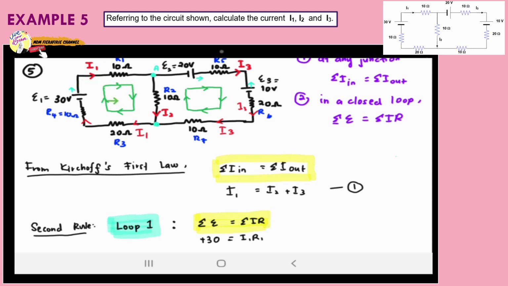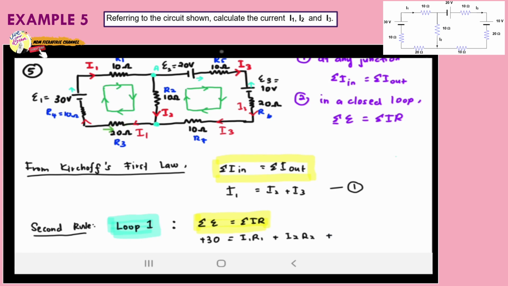Plus, look at here, the direction of I2 is downward, and this is also the direction of my loop. They are in the same direction, so still a positive value. So plus the current in R2: I2 passes through R2, so it's I2 R2.